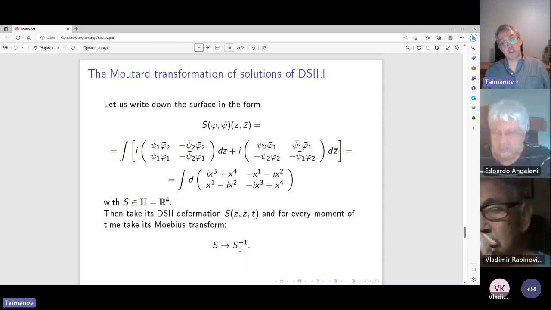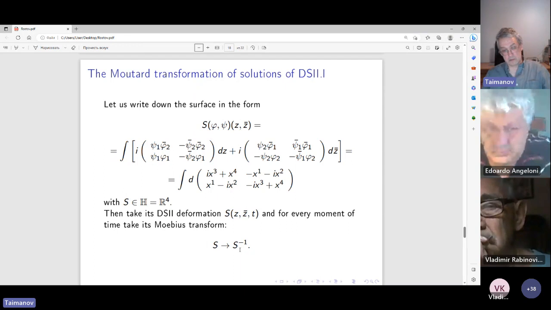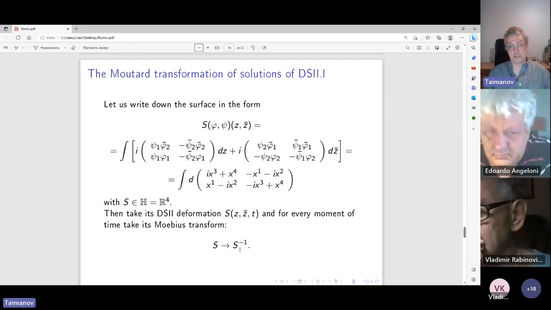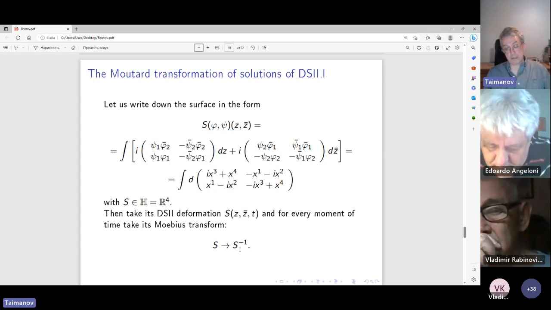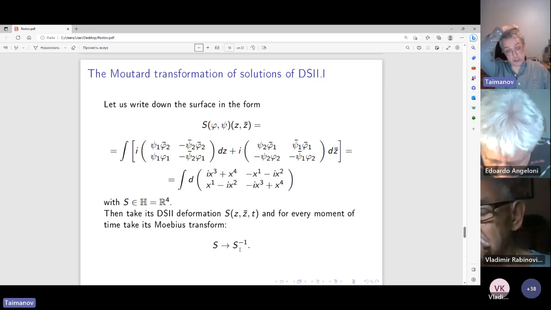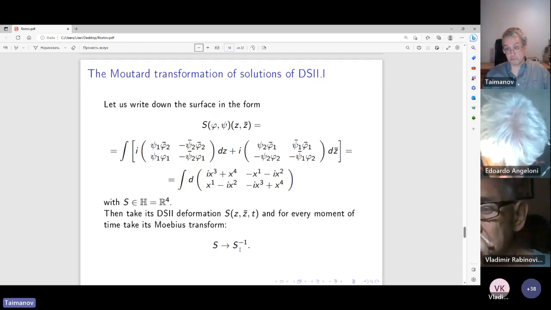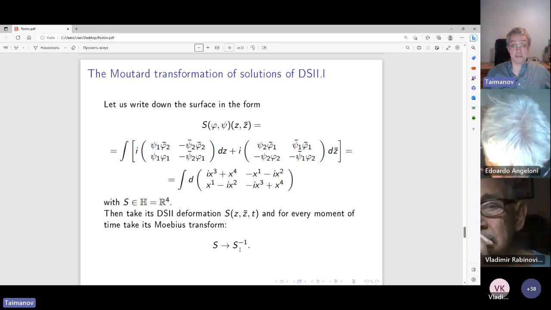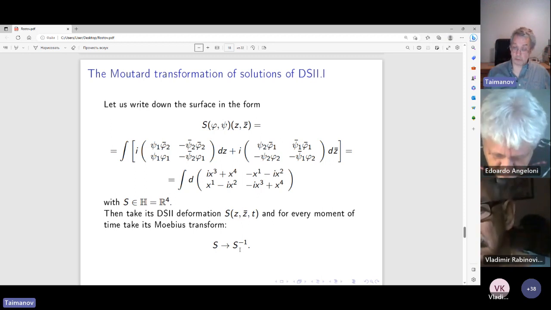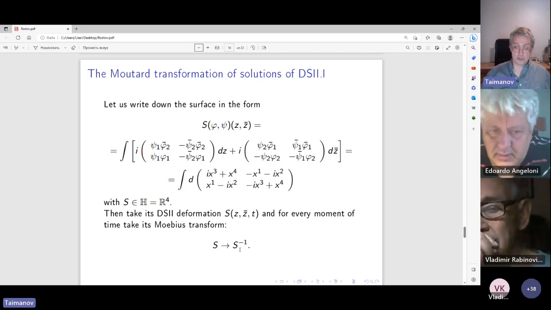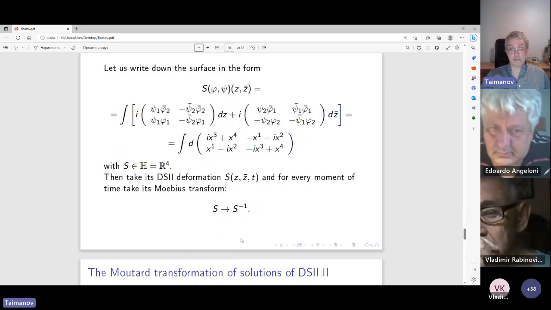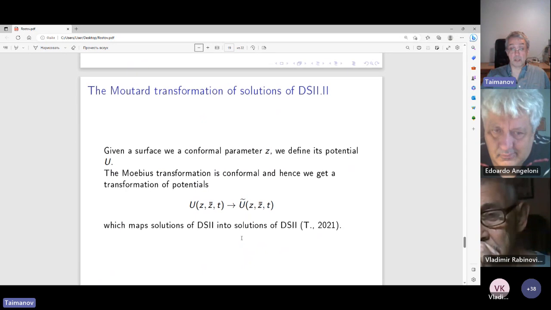The Möbius transformation is a conformal transformation of R4, so the conformal parameter z again goes to a conformal parameter on the surface S minus 1. For this surface we again have the spinor representation, with some potential U. So now take this Davey-Stewartson deformation of the surface S, and at every moment in time apply the geometrical Möbius transformation to the surface. Reconstruct the potential for it, and we have the transformation of solutions of the Davey-Stewartson equations.